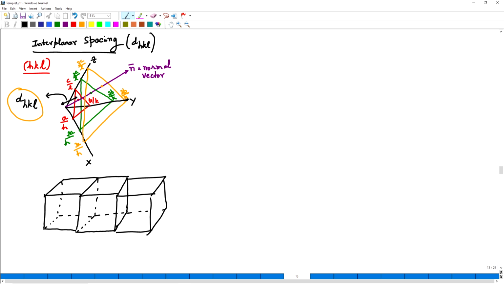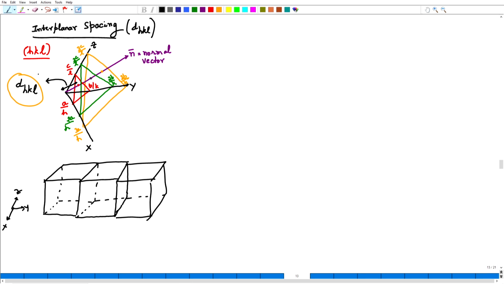For instance, I have this set of unit cells, and this is my x, y and z axis. Now, this indicates which is the x direction, which is the y direction and which is the z direction. Let me consider the HKL planes 0, 1, 0.